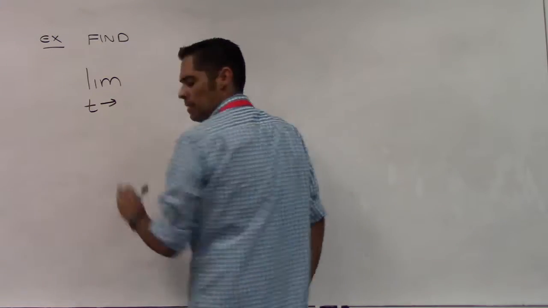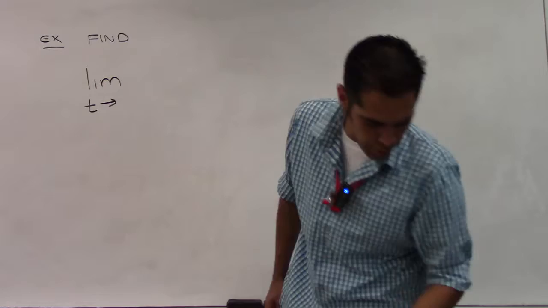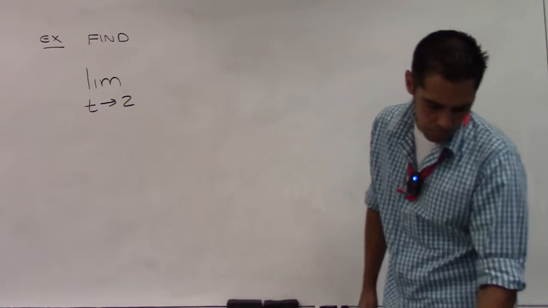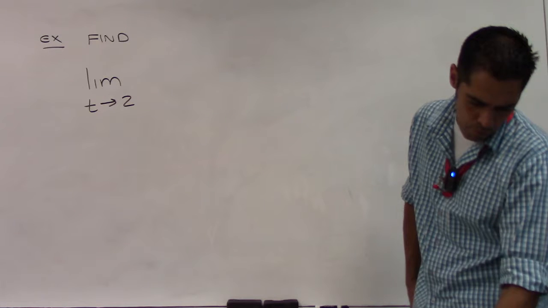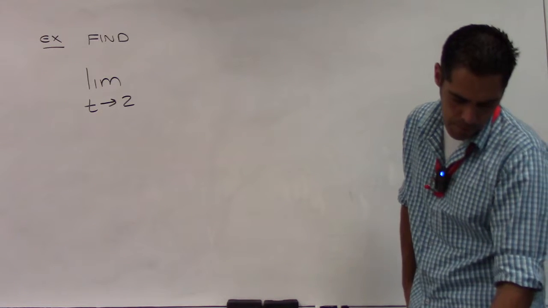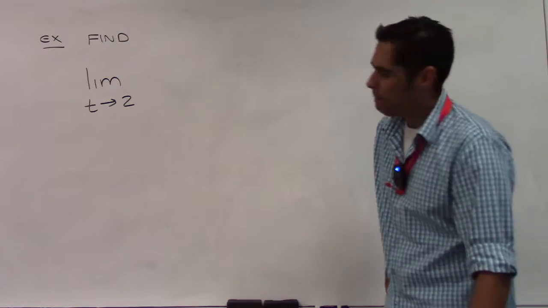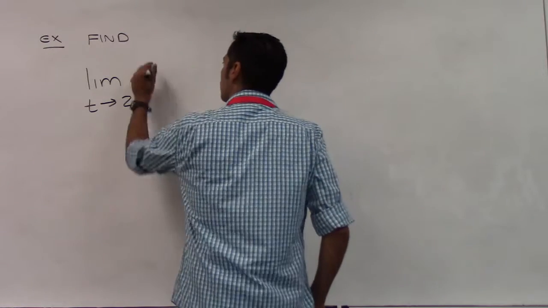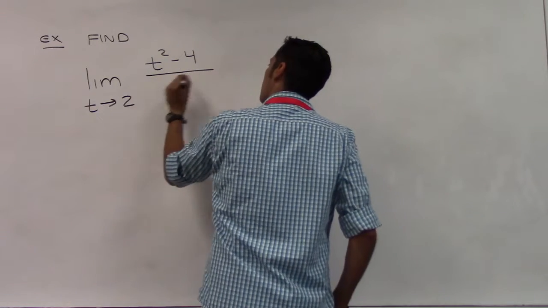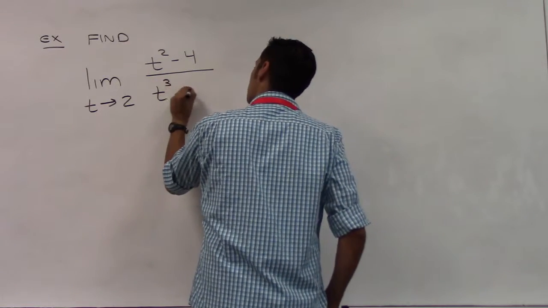The limit as t goes to 2 of t squared minus 4 over t cubed minus 8.